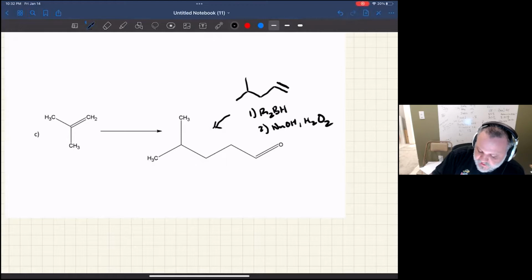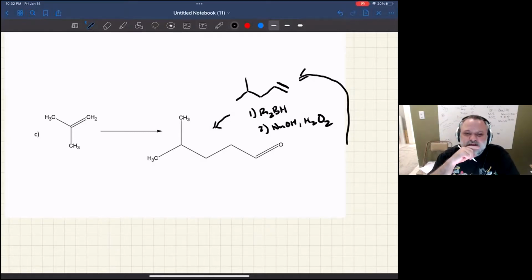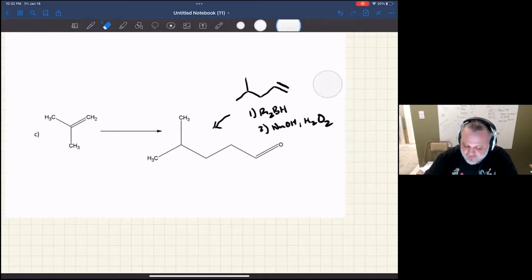Okay, well, how could I make this structure? Well, this one's an interesting structure. It's an alkene. So I have several options for making alkenes. And the question is how do you know which alkene to do that with? And I'm going to go ahead and have to back up, because this is improper, right? It's not actually an alkene here.